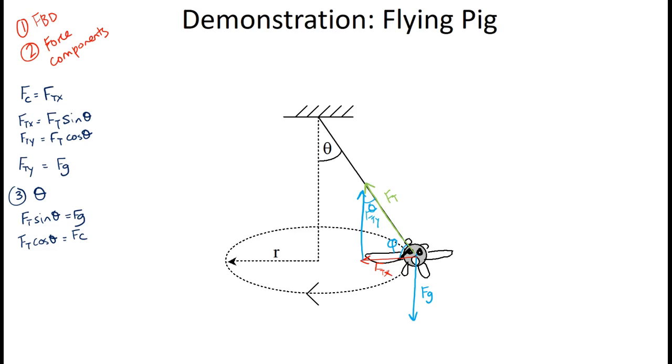So, back to that in a second. We also know that FT can be equal to the square root of FG squared plus FC squared. How do we know that? Because those are two component pieces. Okay?